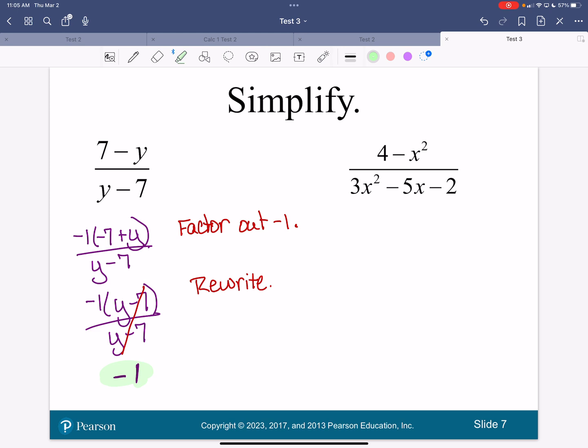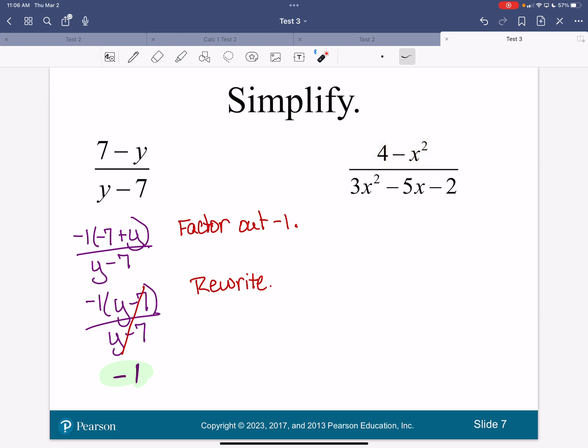Okay? Now, a clue for when you start to factor out is going to be this right here. Do you see how you've got your constant here, and then you are subtracting your exponent or your variable with an exponent or your variable?